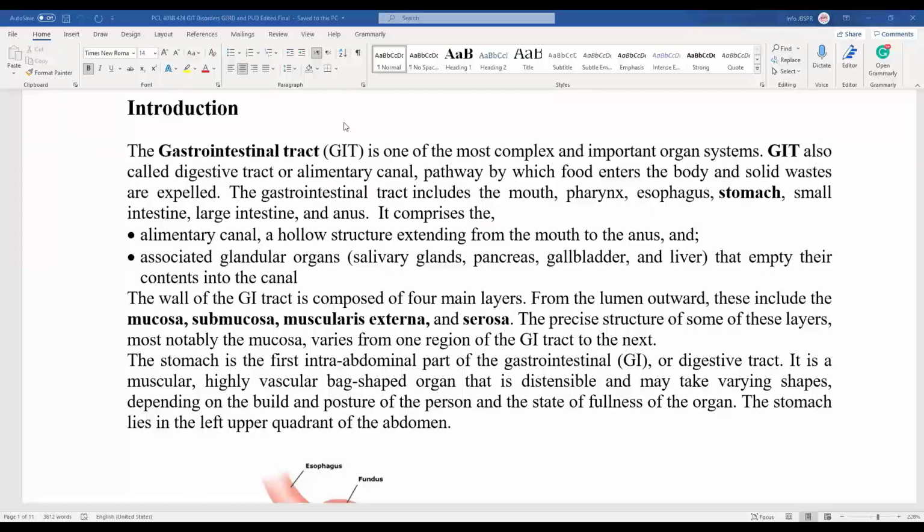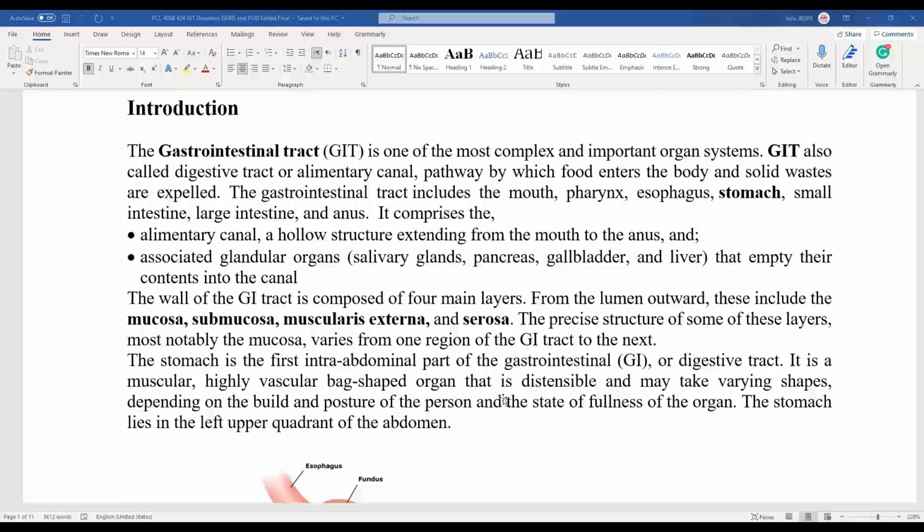Now we want to look quickly at the gastrointestinal tract, which is described as a complex and very important organ system that has the alimentary canal and then has associated organs like the salivary gland, pancreas, gallbladder, and the rest. Although you have a picture there, I want to show you something.